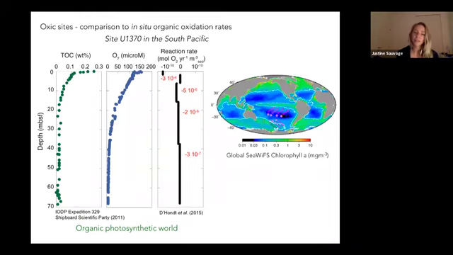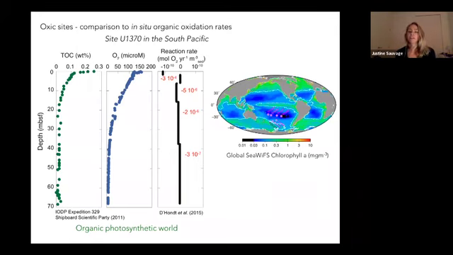Based on statistically significant changes in the curvature of the downhole oxygen profile, we can delineate zones of microbial activity that are statistically distinct from each other. That's the third graph on the right. So you can approximate rates of organic carbon oxidation based on that method.